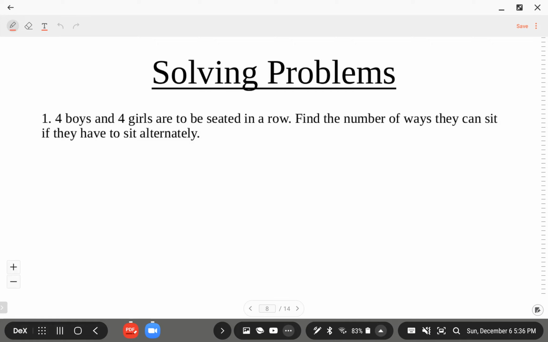Each of them is different. You can count them as different objects. So boy 1, boy 2, boy 3, boy 4 are different. Make sure you count that in. Are there any more answers?